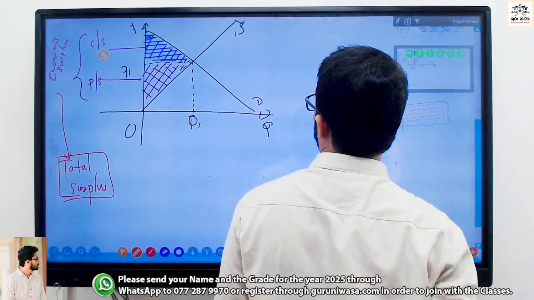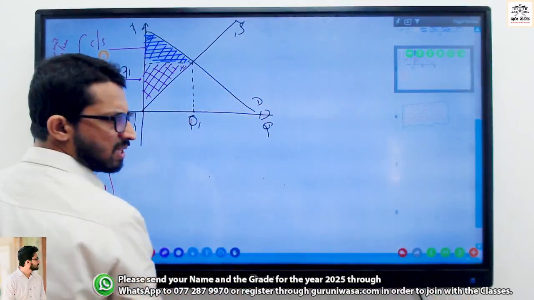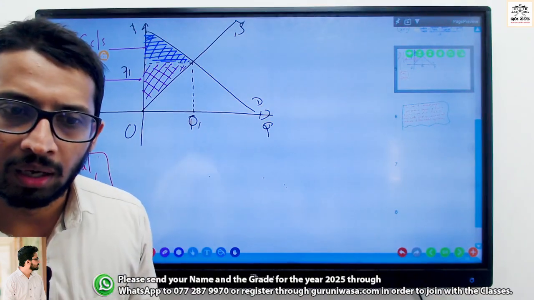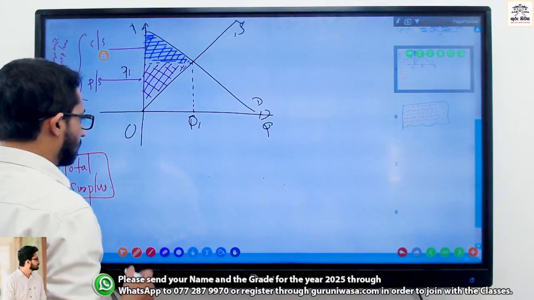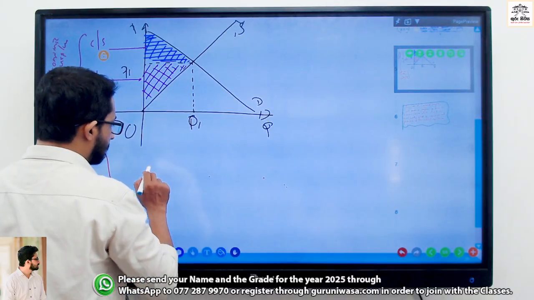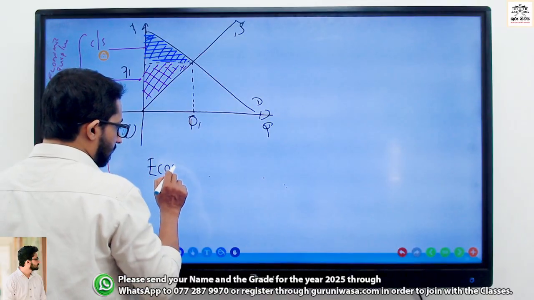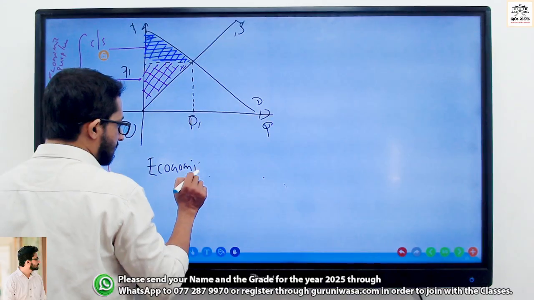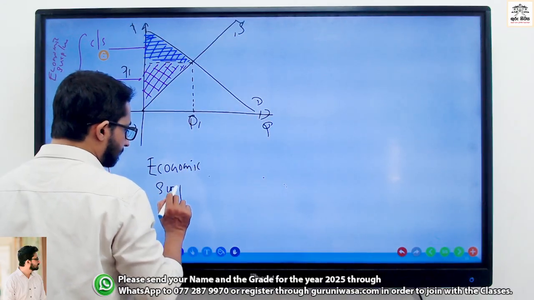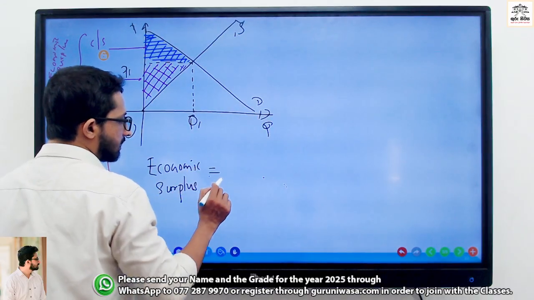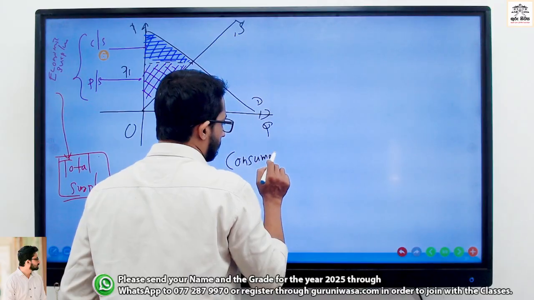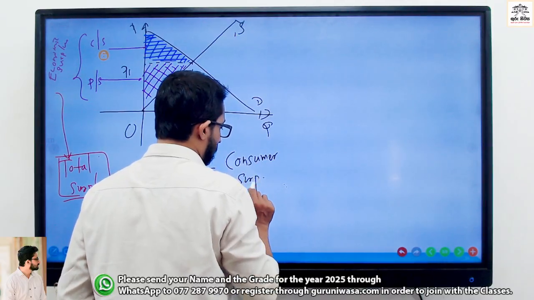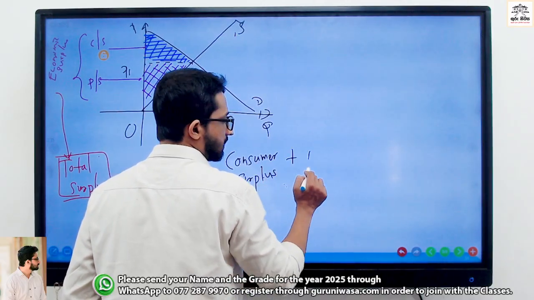Right. Okay, children. So this one, there's no separate one, right? Okay, write down the equation: economic surplus equals consumer surplus plus producer surplus.